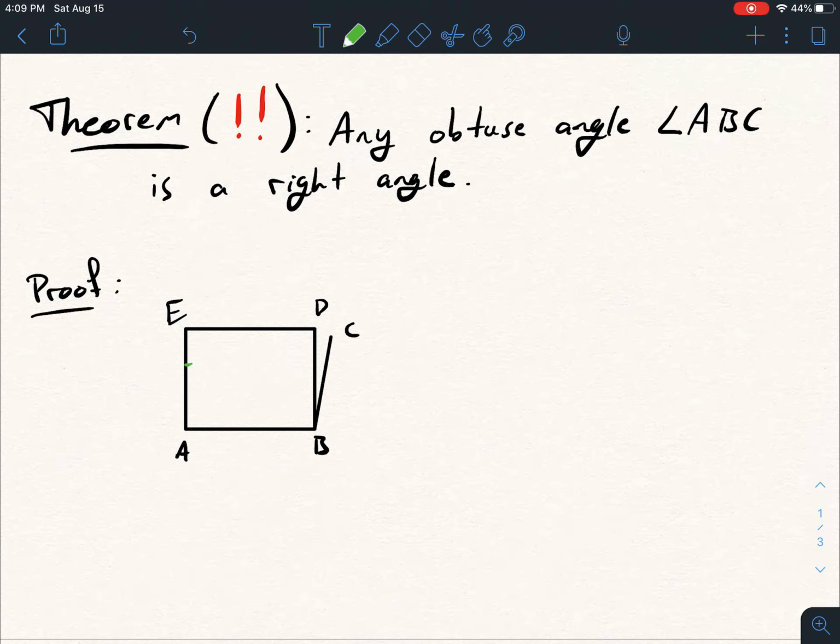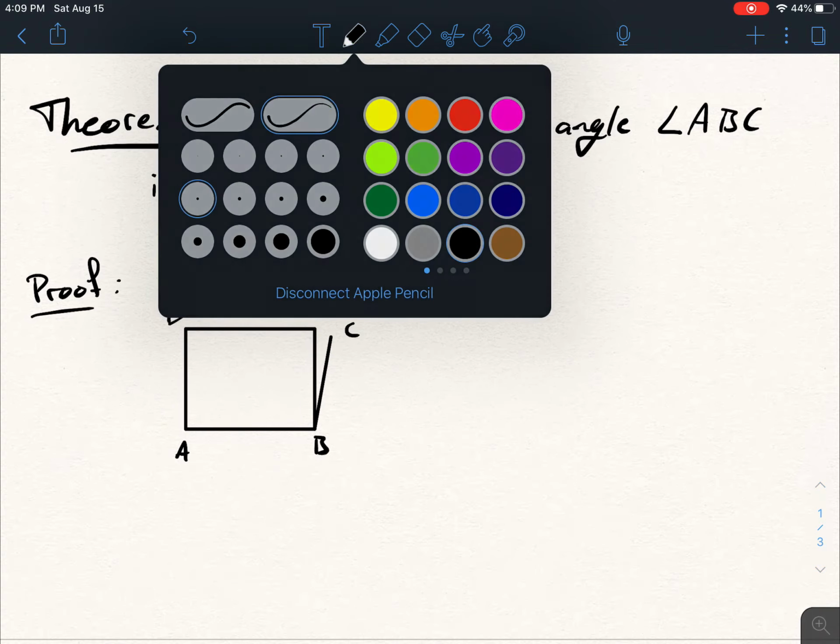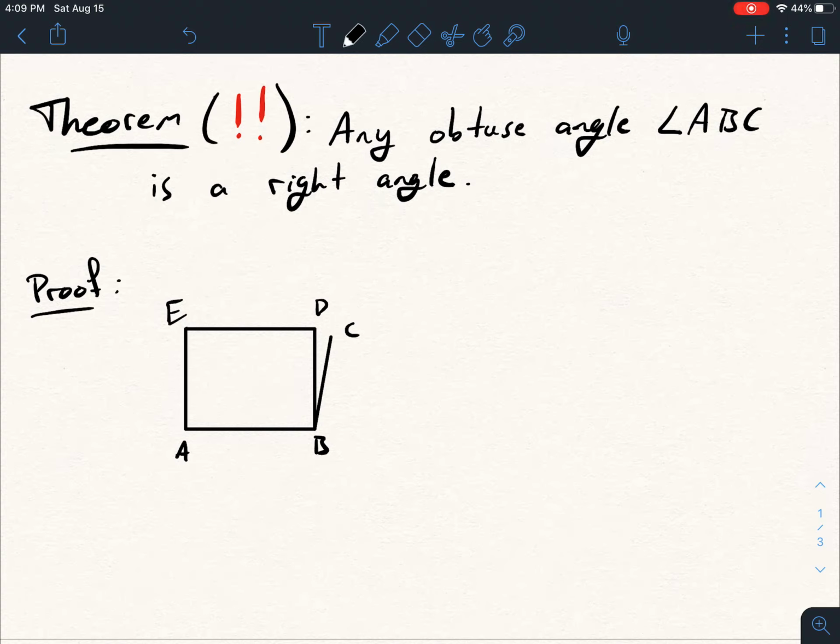These three things are all equal. Okay. All right, next thing I'm going to do is draw a line from E to C.